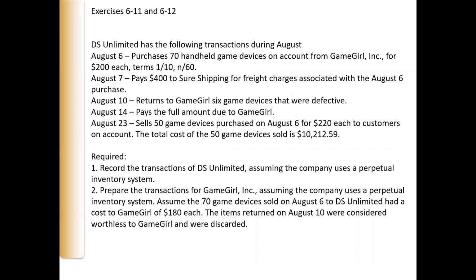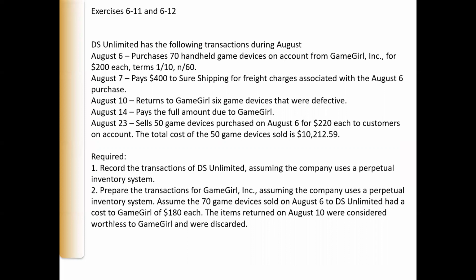You see, DS Unlimited has the following transactions during August. On August 6th, it purchased 70 handheld game devices on account. On account means accounts payable for $200 each. Then on August 7th, it pays $400 to Sure Shipping for freight charges.